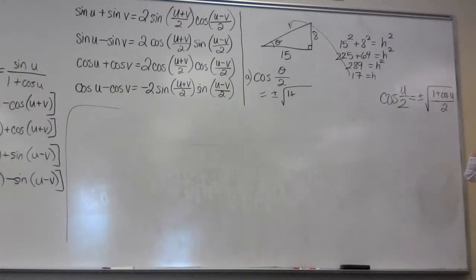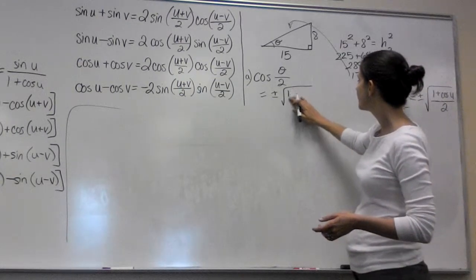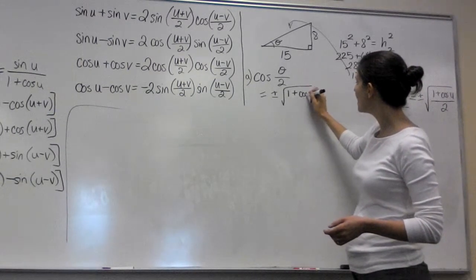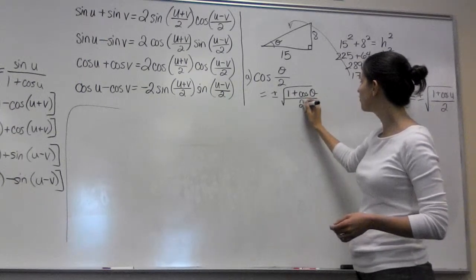Theta. Your u value is theta. So 1 plus the cosine of theta, all over 2.